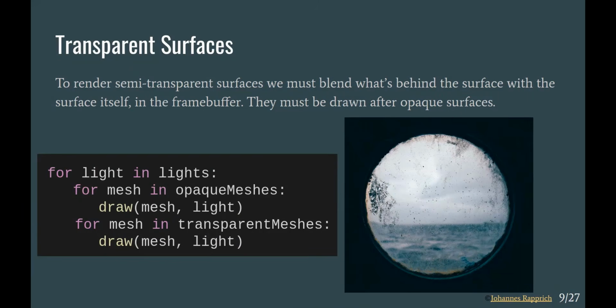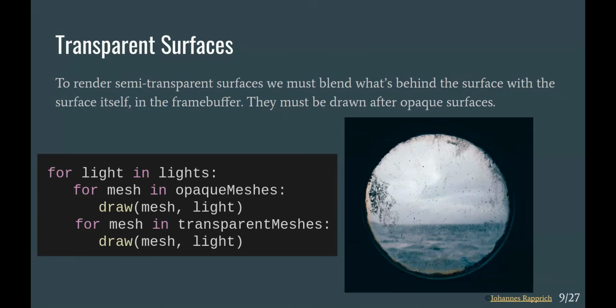In this scene on the right, you might think, let's say we render the sea and the sky. And then what we do, we render our transparent meshes, the window perhaps. And the transparent surfaces are alpha blended on top of the opaque meshes to tint them, to add grime, as in this image.